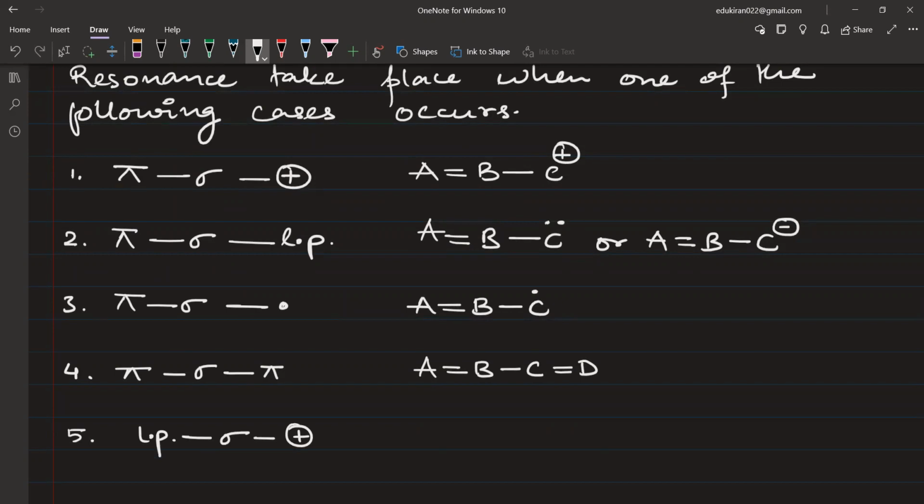So if you have something like this, A with a lone pair, then you have B with a positive charge. Or this can also be like this, A with a negative charge, sigma bond, and B positive. Now, whenever you have a negative charge, then obviously there is a lone pair of electrons.